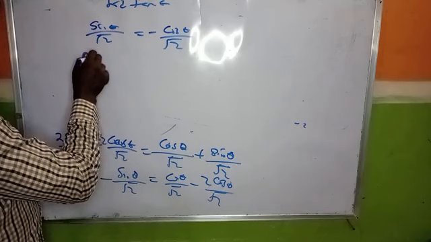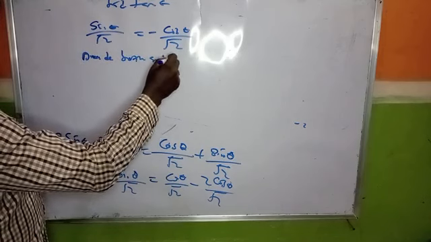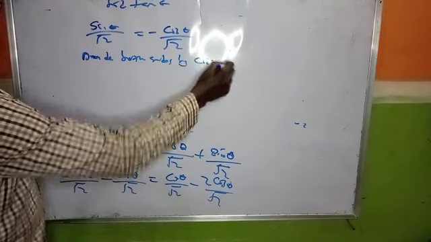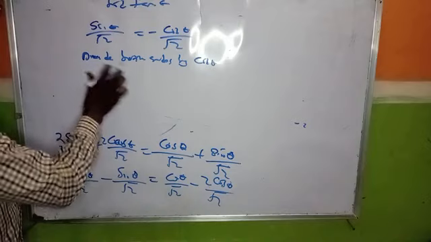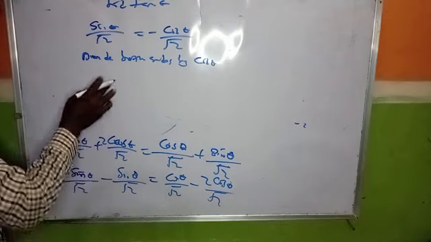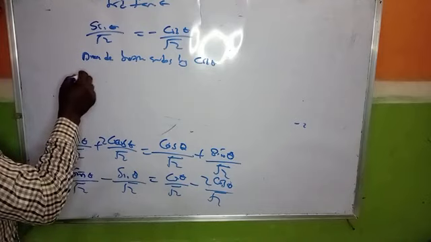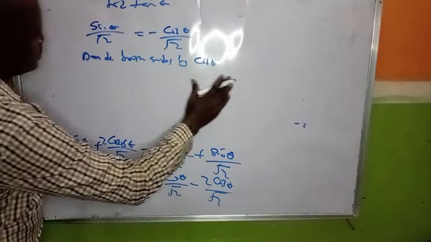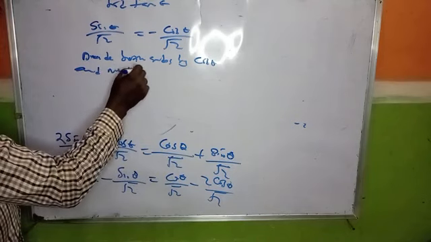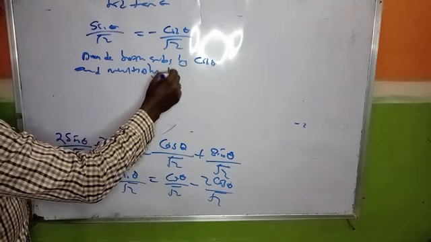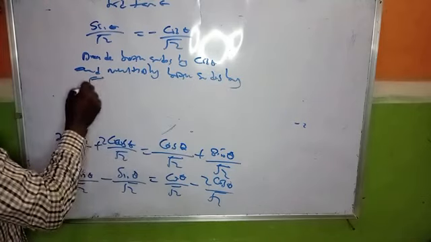Cos. Divide both side by cos theta and multiply both side by root 2.